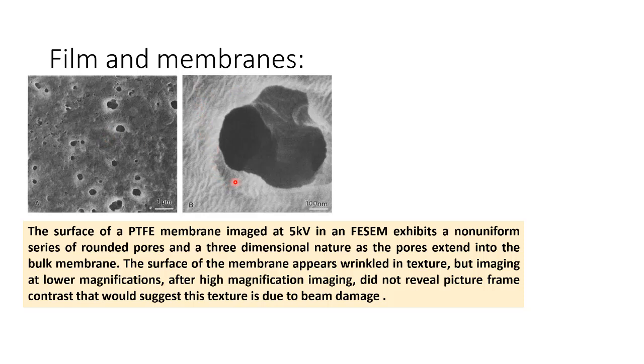The texture is wrinkled, but imaging at lower magnification, after imaging at higher magnification, did not reveal this kind of contrast. So here it will not give us very good contrast. And here I think this is because of the beam damage. This kind of thing is happening.